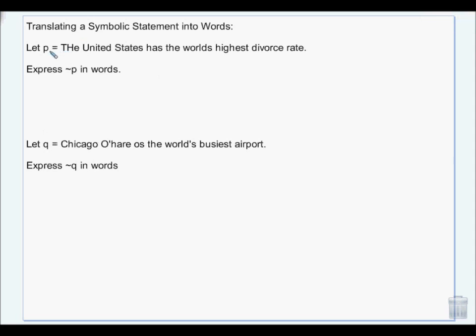If P is the statement the United States has the world's highest divorce rate, and we want to take not P and we want to write that in words, we would say the United States does not have.